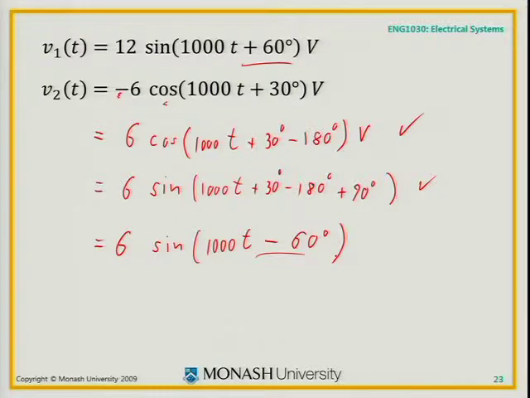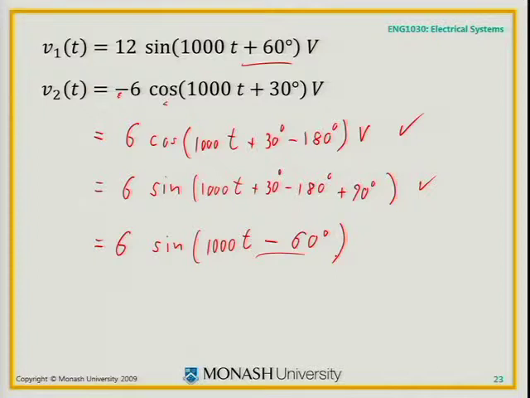I could also say V1 is lagging V2 by 240. These things are only defined modulo 360 degrees in phase, so if you're leading by 120, you're lagging by 240. It's essentially the same thing.